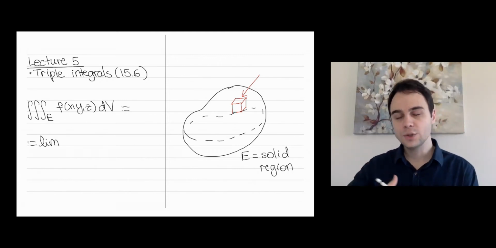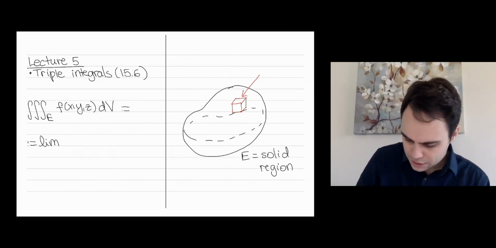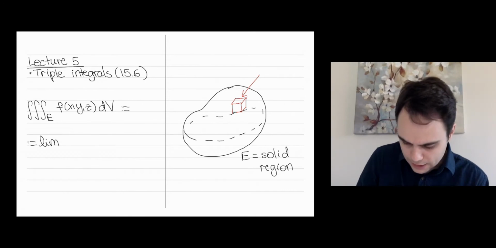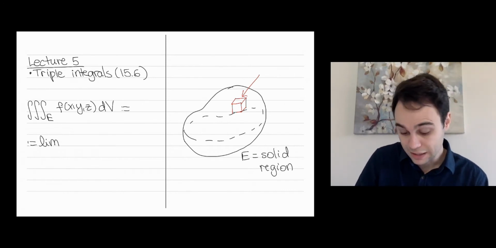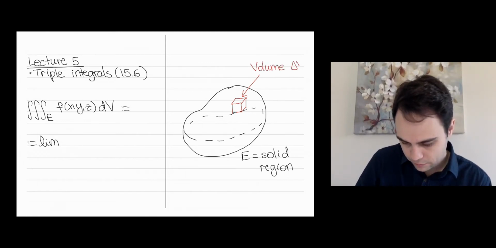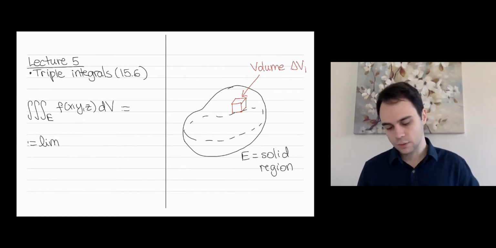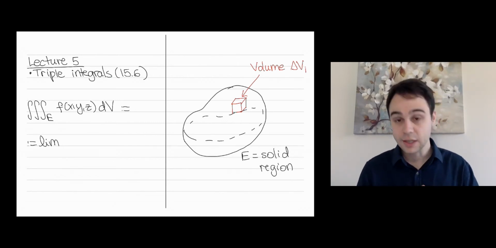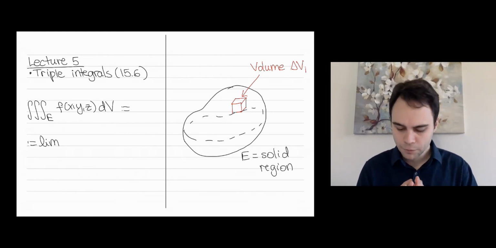So you subdivide E into many, many little pieces, and let's say this is the ith piece, and let's say that it has volume delta vi. Okay, so i is the index that tells me what piece I'm looking at.